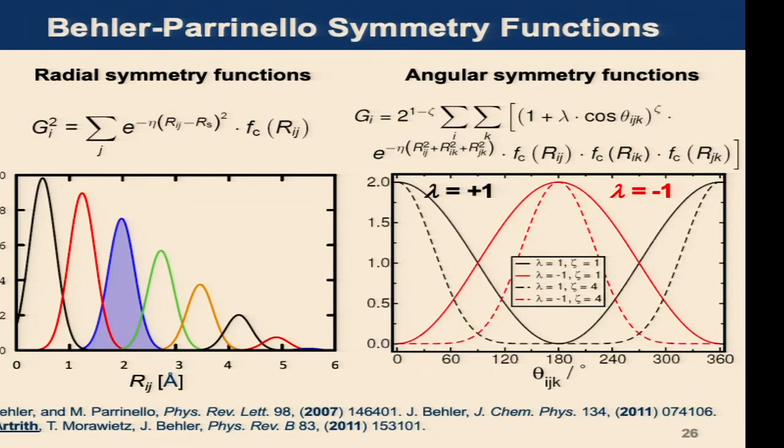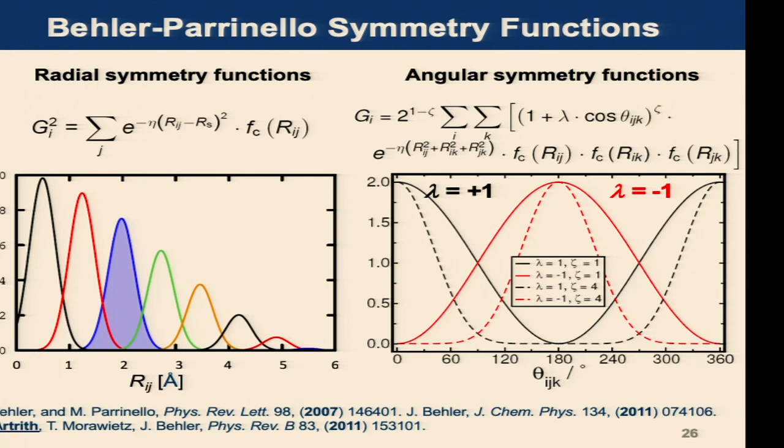For the radial part, Behler and Parrinello use a Gaussian function of the two terms, for example, Ri and Rj, together with the R cut or the R shift that we have here. In this case, I show you 6 angstroms, and this is the combination of many different Ri and Rj in total. This is just to look at the functional form, or the graph, of the two-body term.